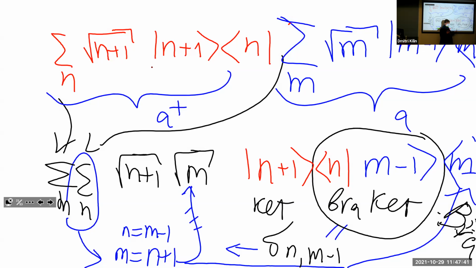Or if we remove n, then we can tell that m minus 1 was equal to n, right? And then we can move minus 1 onto the other side. So m equals n plus 1.